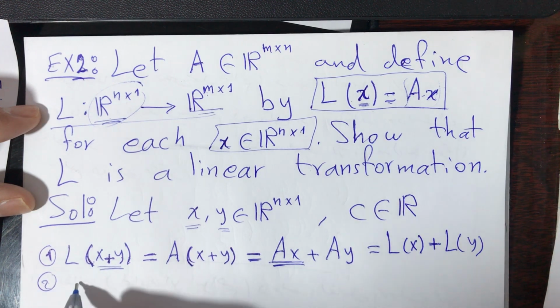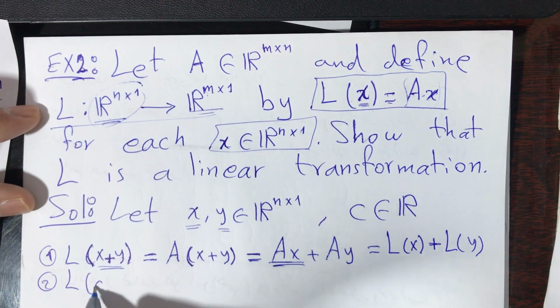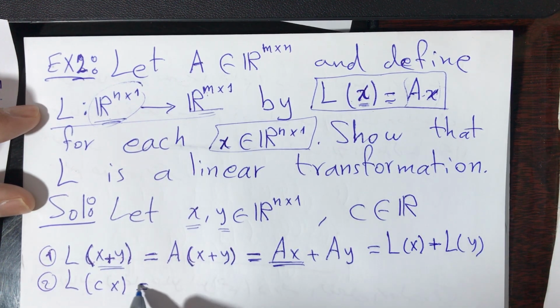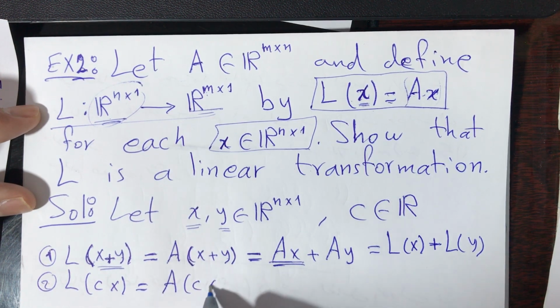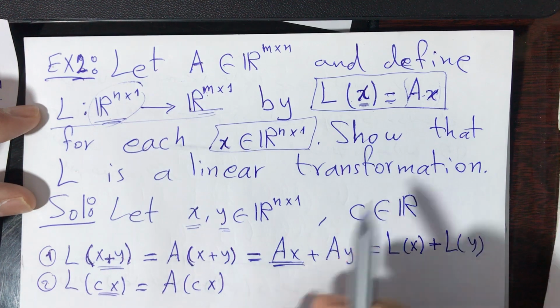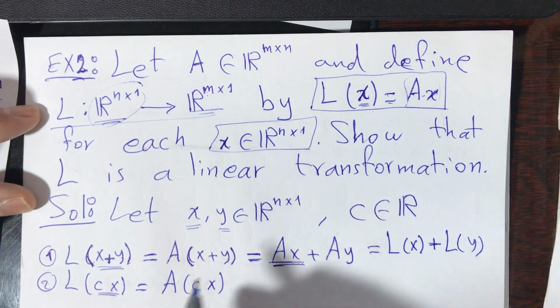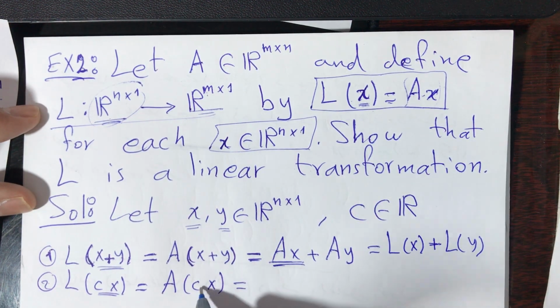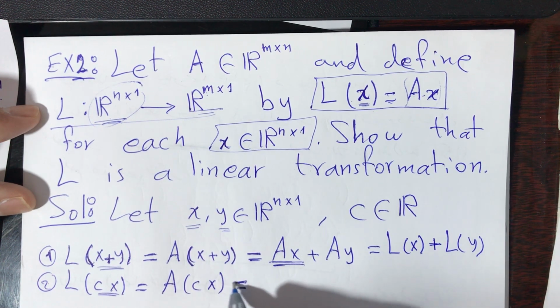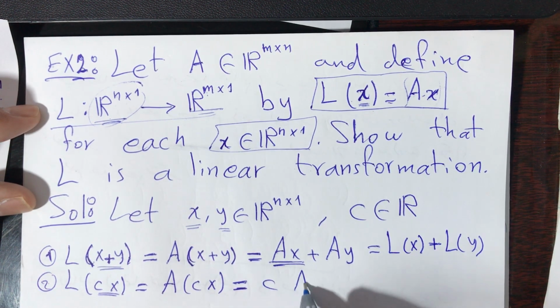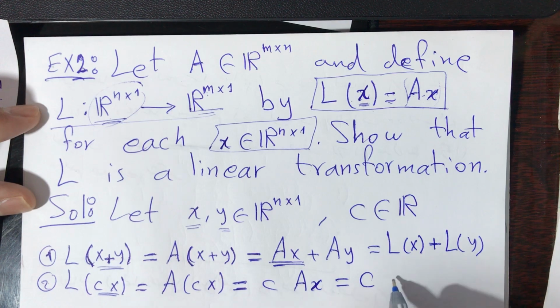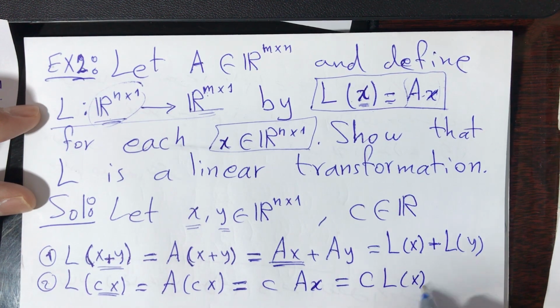Also, the second condition: L of cx is equal to A times cx. We can move c out, by the definition of matrix multiplication, to get c times Ax, and this is equal to c times L of x by definition.